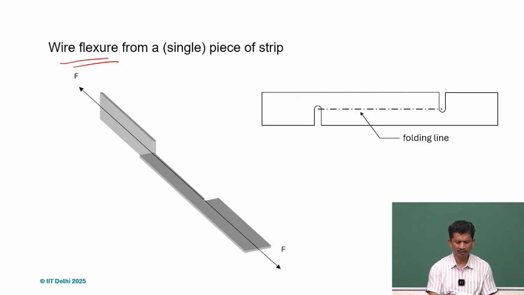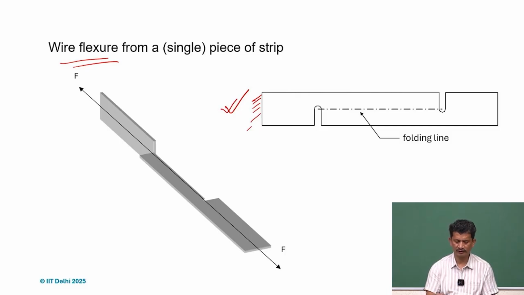So here is a very good example. Manufacturing wise it is easy to make, and assembly wise I think it's also very good. If we just fix it and then apply the loading, what happens in this case? We can start with a very flat member here.